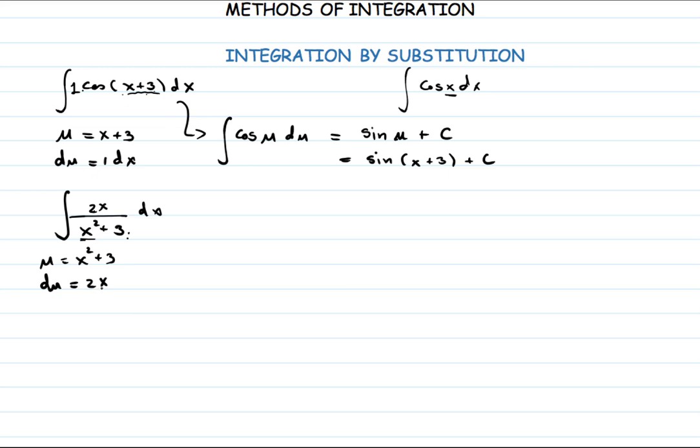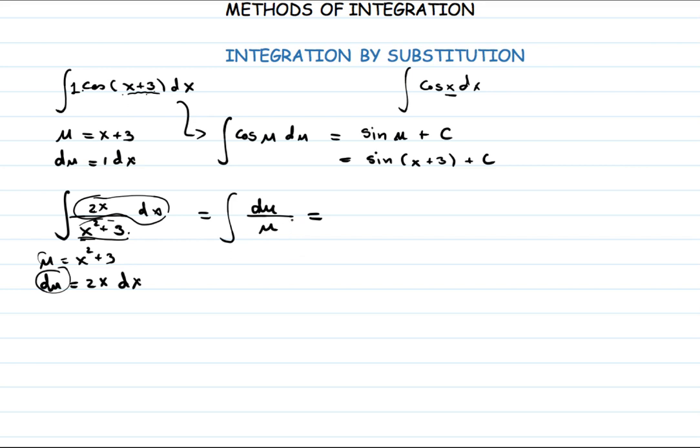Because these are made with respect to x, it becomes here dx. So all this expression here can be replaced by du, and all this expression here can be replaced by u. So as a result, what I will have is the indefinite integral of this 2x dx is du, of du divided by this whole expression in the denominator is u, du over u, and this is equal to.